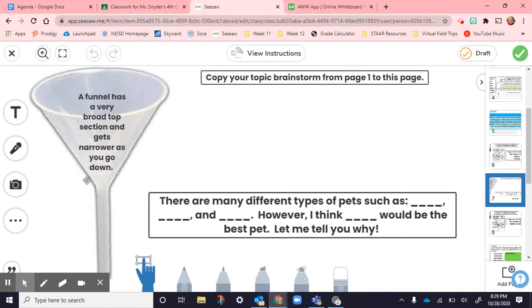So a funnel, here's what one looks like. It has a very broad top at the top here. Okay, it's very wide. And then as you go down, it gets narrower all the way down. Okay, so we copied our topic brainstorm from page 1.